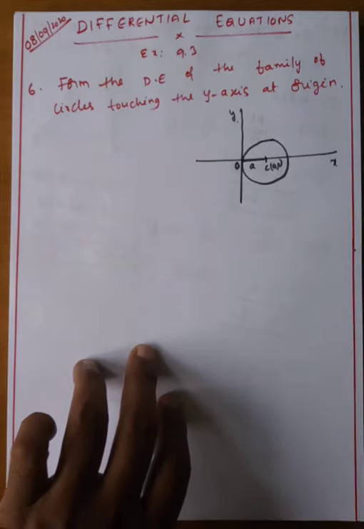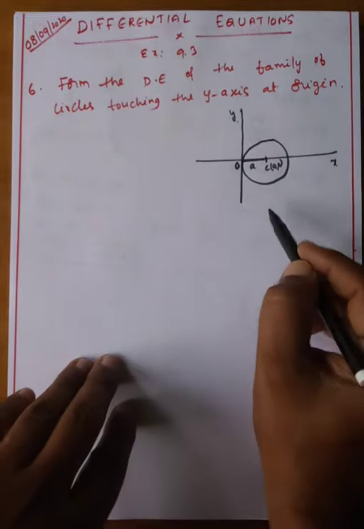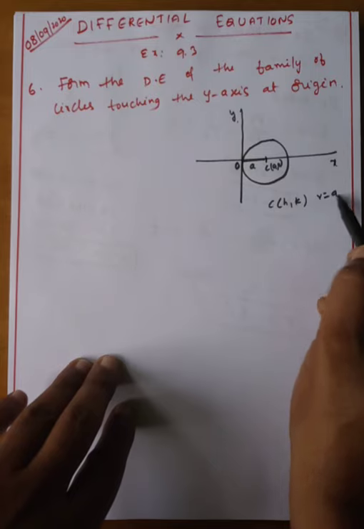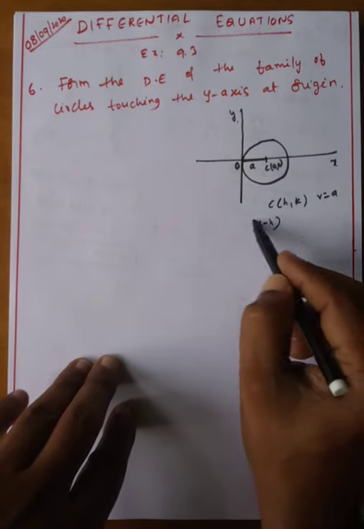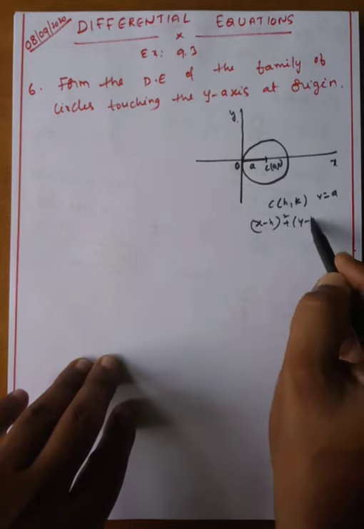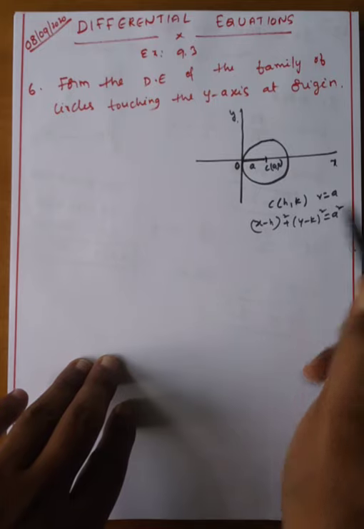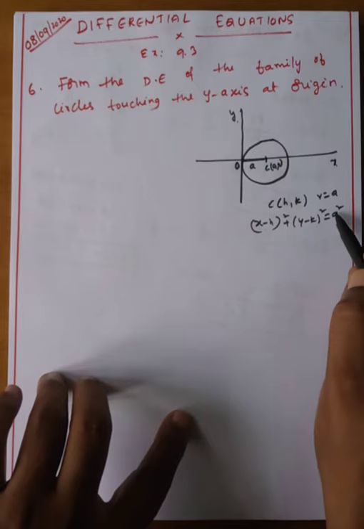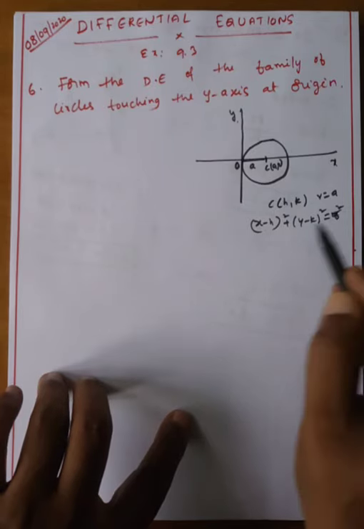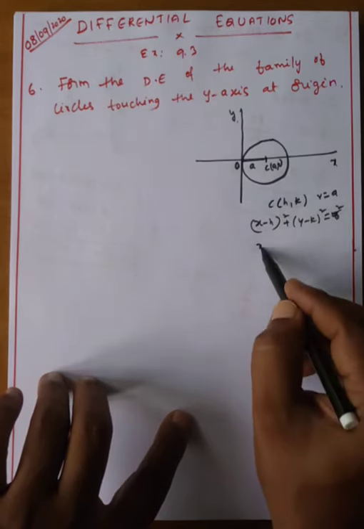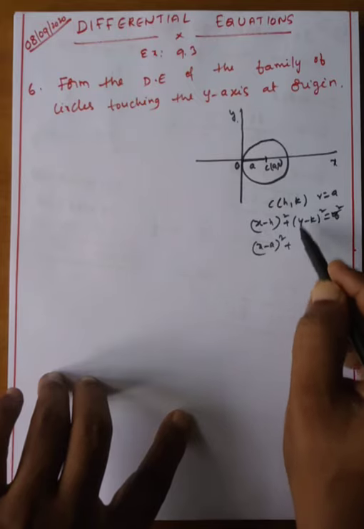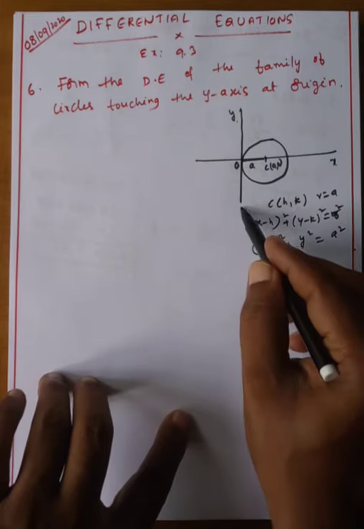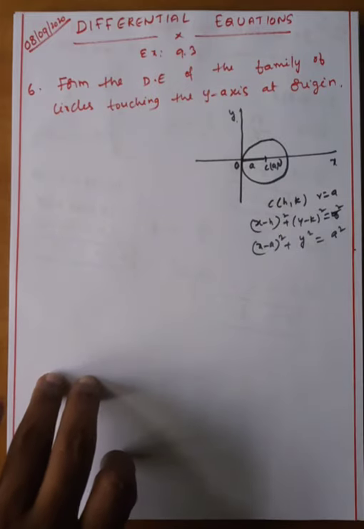You know the formula: for center h comma k and radius a, x minus h whole square plus y minus k whole square is equal to r square. Here h comma k is a comma 0, so x minus a whole square, k value 0, y square is equal to r square, that is a square. This is the family of circles touching the y-axis.